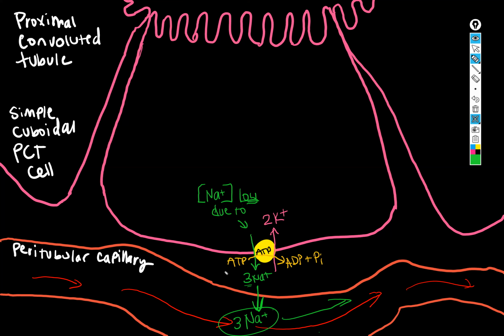So between this pumping and the movement of the blood, we have a very efficient system set up where we're going to keep the concentration of sodium inside of the PCT cell low due to pumping. And that creates a situation where there's consistently higher sodium in the interstitial fluid than there is in the peritubular capillary.